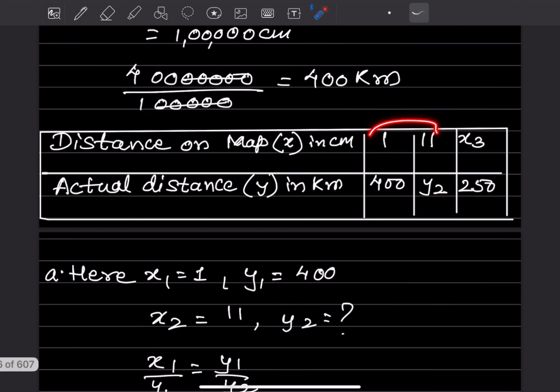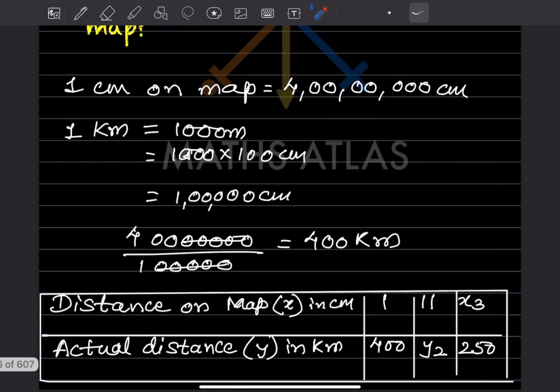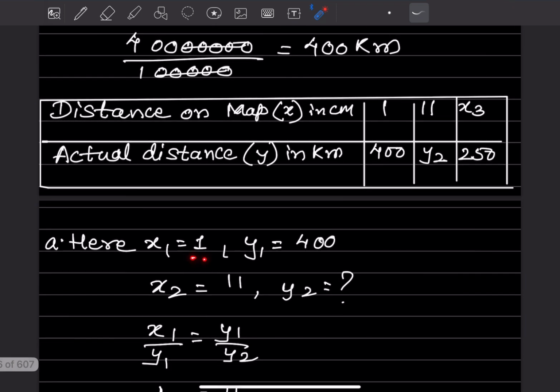So now let us take this part first. Here x1 is 1, y1 is 400, x2 is 11, and y2 we don't know.